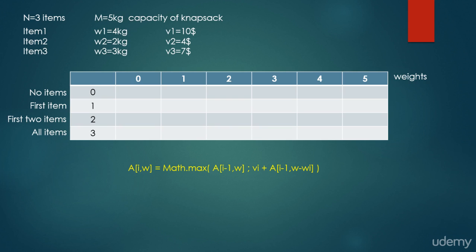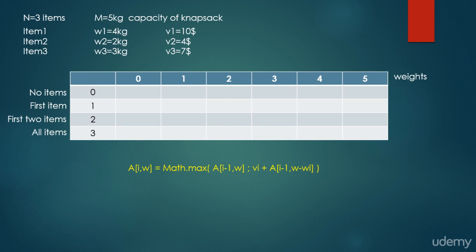We saw that the greedy algorithm is feasible there. But in this situation we cannot use the greedy algorithm because we have to choose whether to take an item or not, and that's why it is an integer problem. We have integer weights and integer items. So the columns represent the weights and the rows represent the items.